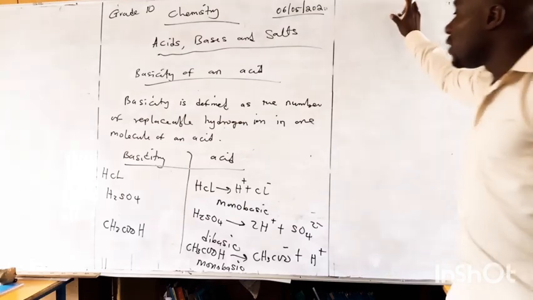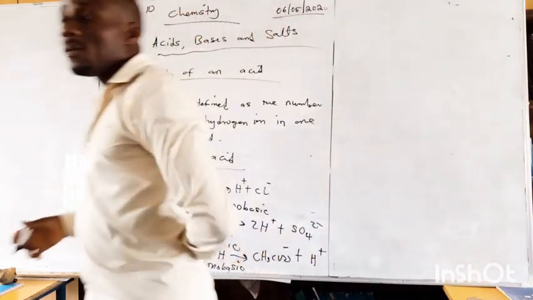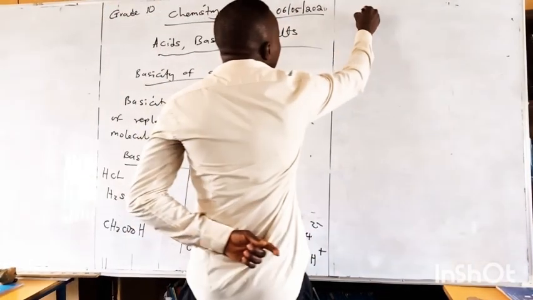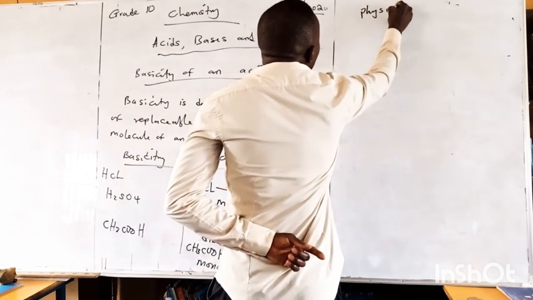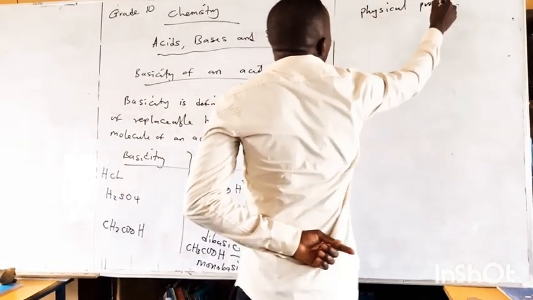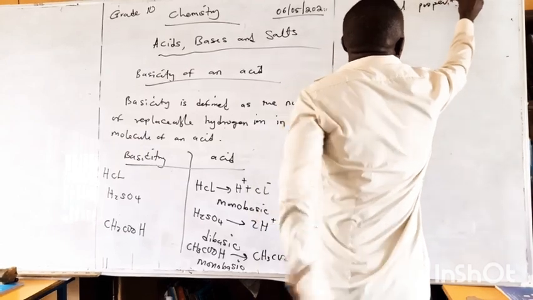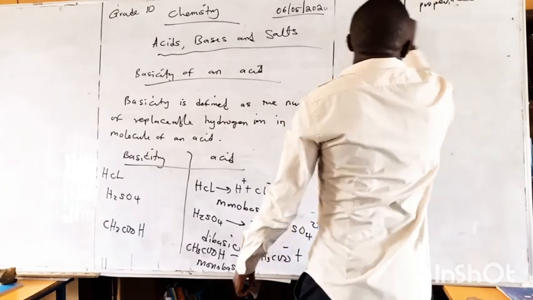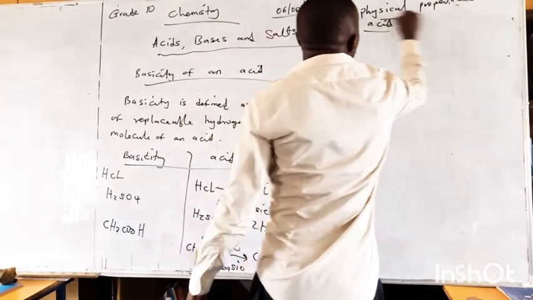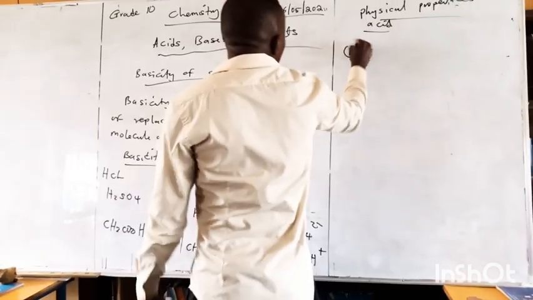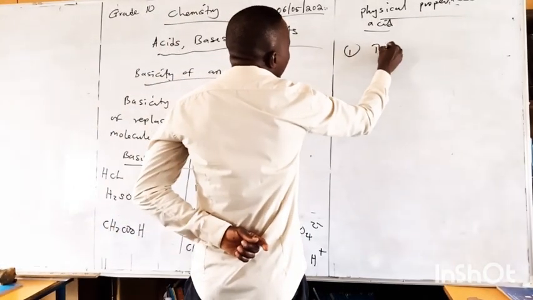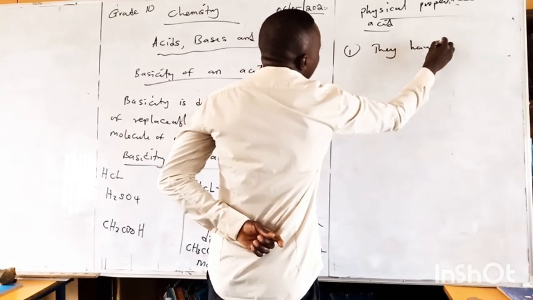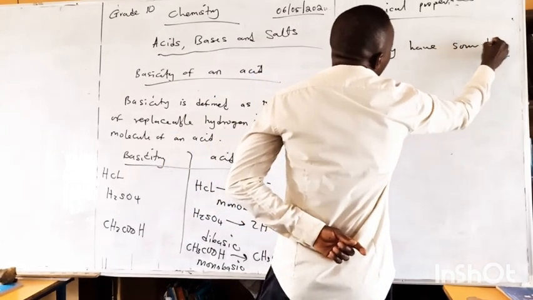Now let's do the physical properties of acid. Number 1, they have a sour taste.